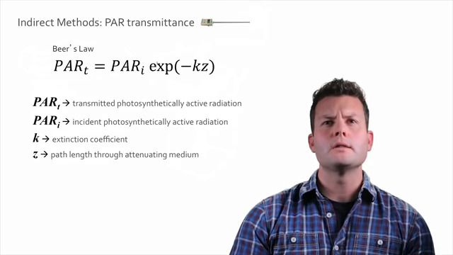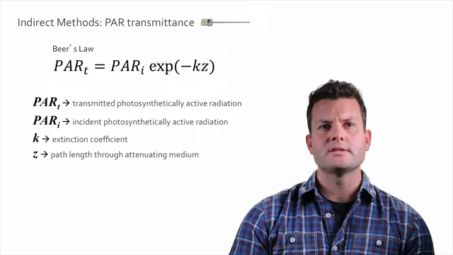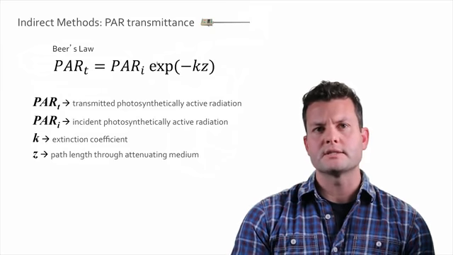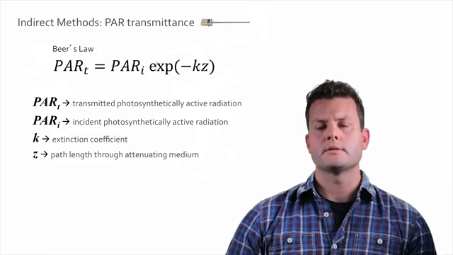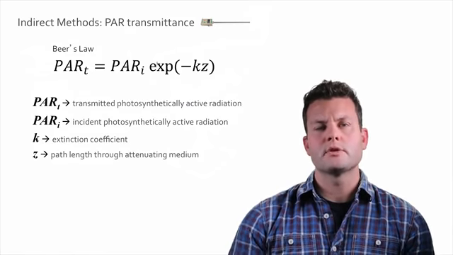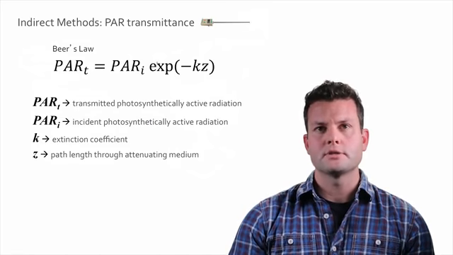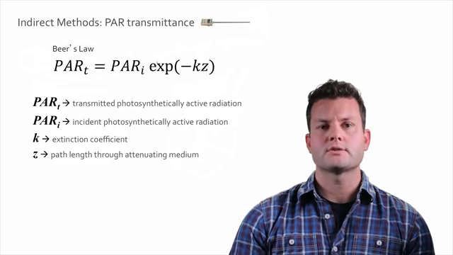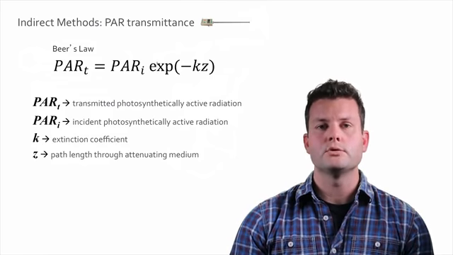Then two more parameters, K and Z, where K is the extinction coefficient and Z is the path length through the attenuating medium. In this case, the attenuating medium would be the canopy itself. Beer's law in this form is the foundation for how we use measurements of transmitted light to estimate LAI.